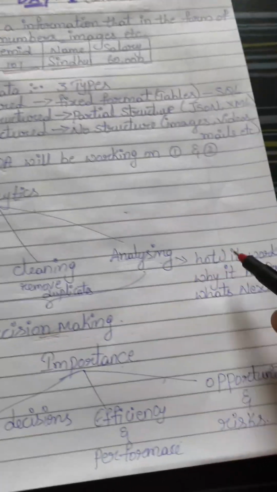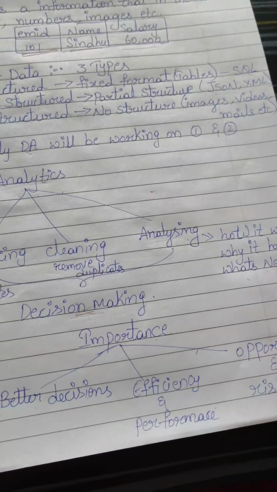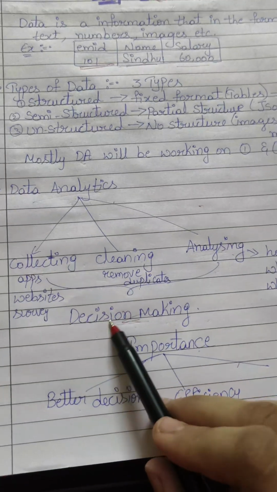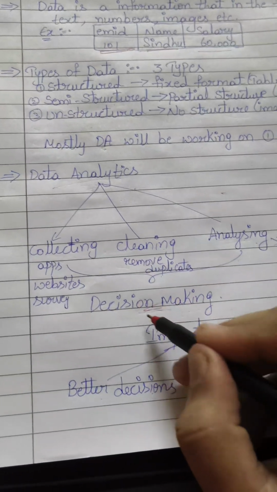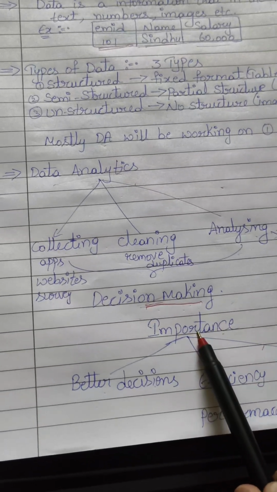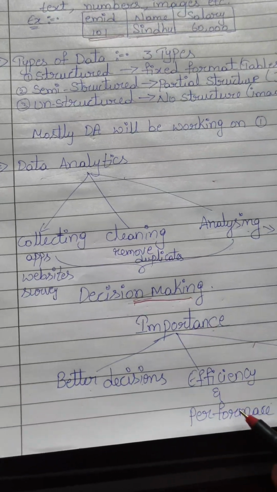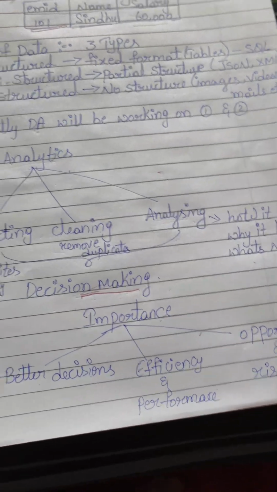Analyzing the data means understanding how it works, why it happened, and what's next. After performing these three steps, we have to make a decision to improve the business, which is the most important work for a data analyst. The importance of the data analyst is better decisions, efficiency and performance, and opportunities and risk for their business.